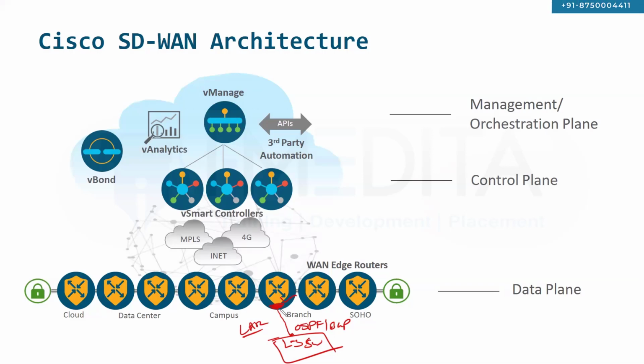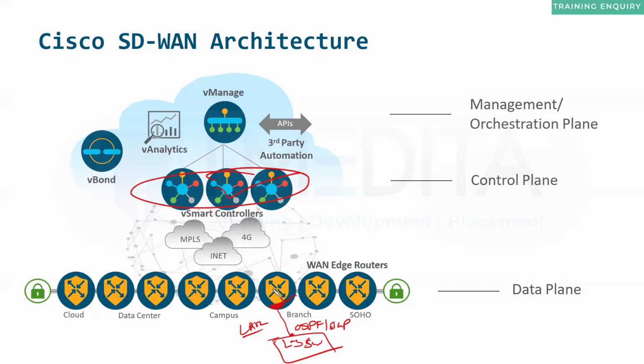If BGP is running there, how can we say that control plane does not exist on this router? The control plane does still exist, but with regard to SD-WAN, the best path selection is performed by the vSmart, and that's the reason we say control plane is being offloaded with respect to SD-WAN. But to support traditional routing protocols, that support is still provided by the SD-WAN vEdge routers.